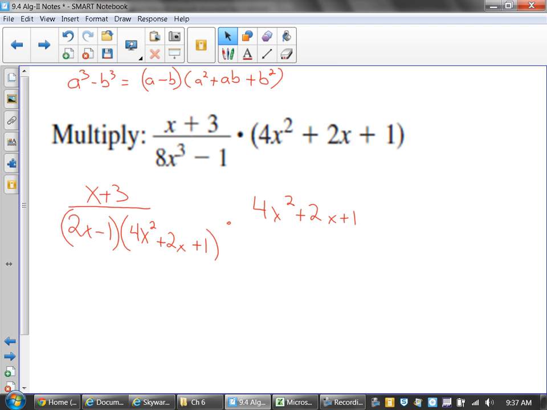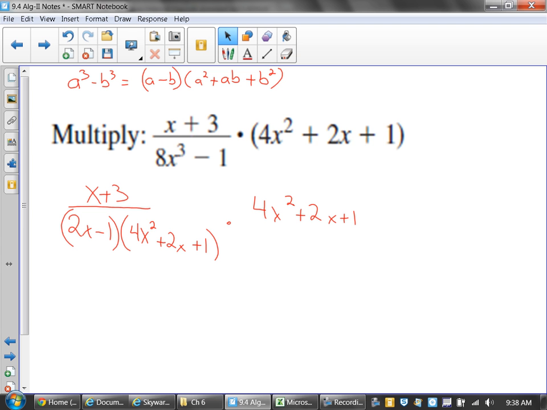The pattern for factoring a difference of cubes always follows the same pattern. Same sign, opposite, positive. So it starts out with minus, plus, plus. So you kind of ignore the negative in front of 1, because the b value is just 1. The a value is 2x. It's not negative 1. Same thing with the sum. Why wouldn't it be negative 1? Is it just because it's minus b? Correct, because it's just minus b.